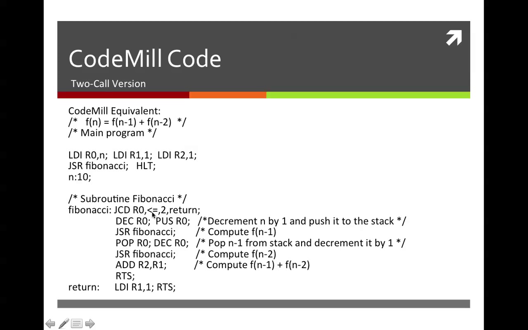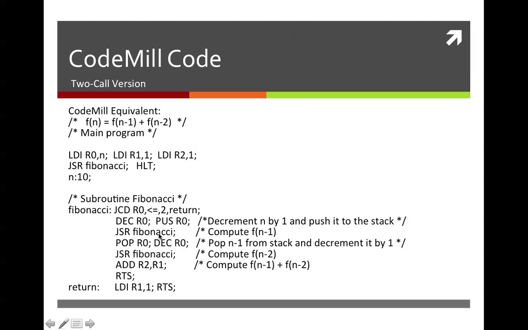Now, if that's not the case, which is to say we have an R0 which is greater than 2, then we decrement it and then save it, push it to the stack, and now we want to go out and compute the prior values that we want to have to piece together to compute Fn.